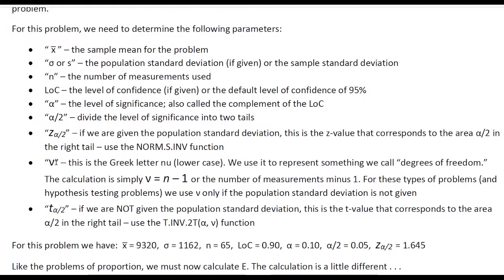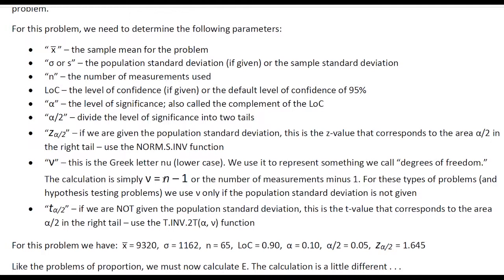Nu, that's what this symbol is. This is the Greek letter nu, the lowercase Greek letter nu. And we use it to represent something we call degrees of freedom. The calculation for nu is very simple.